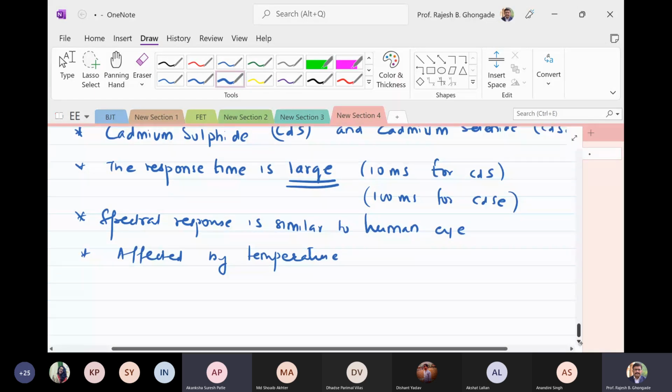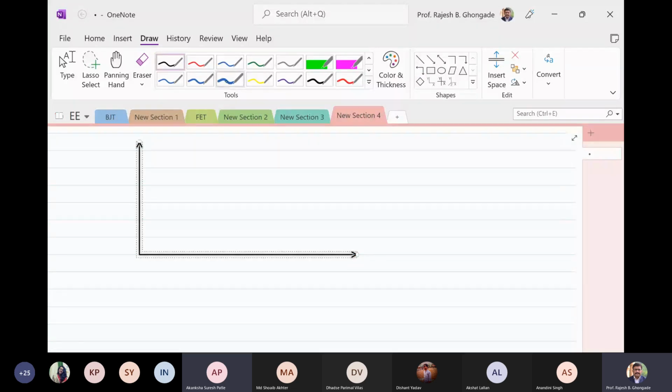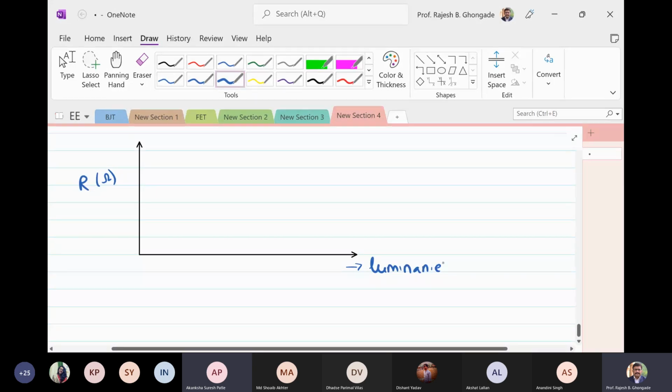If you look at the characteristics, this is resistance in ohms and this is the luminance in lux.